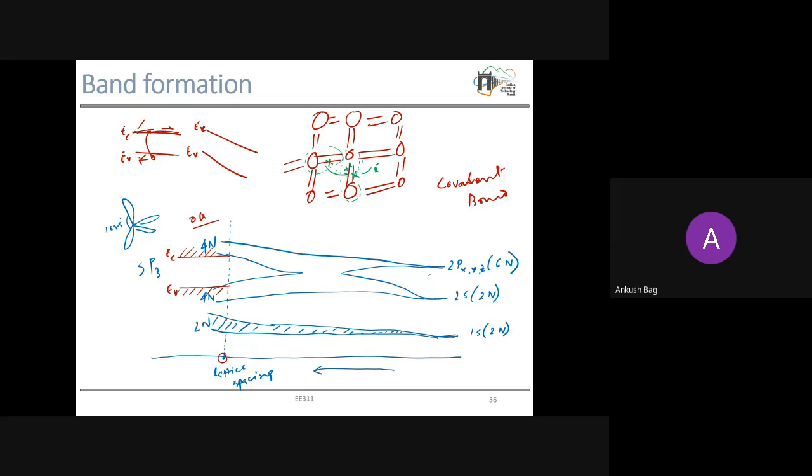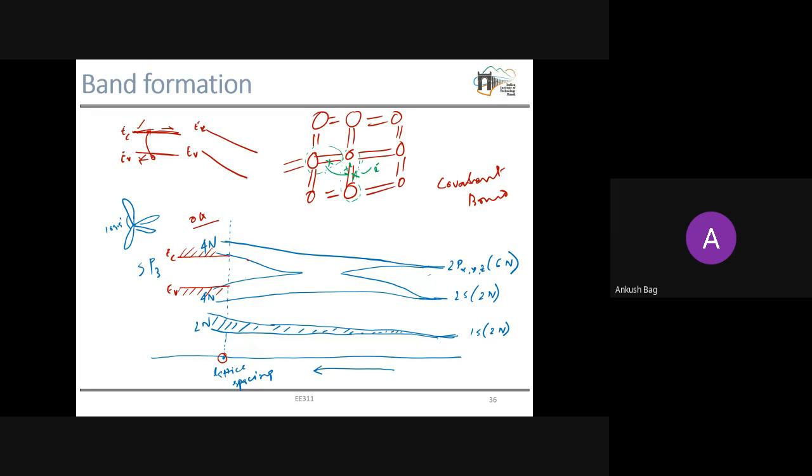So this whole movement is easier than breaking one bond and creating an electron hole pair once again. So in terms of how favorable this process is, I am just discussing this. This is something involving quantum mechanics, but I will not go into that detail.